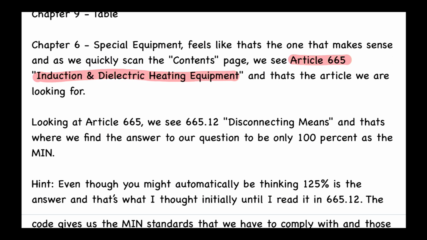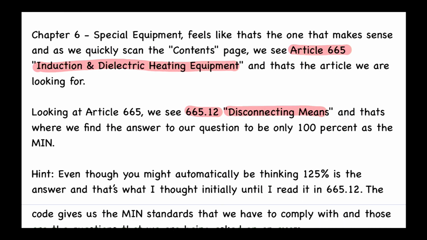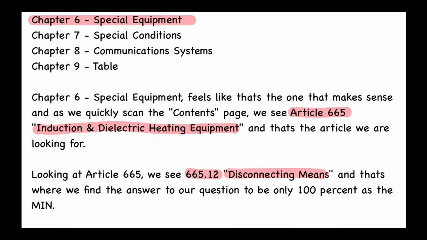Looking at Article 665, we see 665.12, called Disconnecting Means. That's where we find the answer to our question to be only 100% as the minimum. So I'm going to look in my code book to make sure that I didn't make a mistake. Again, we are looking at 665.12, and in the second paragraph it says, the rating of the disconnecting means shall not be less than the nameplate rating of the heating equipment.